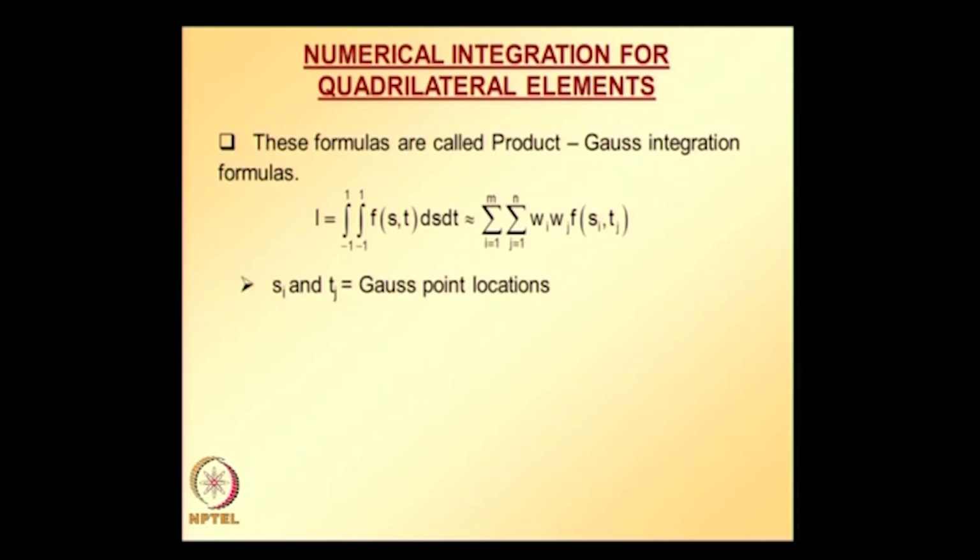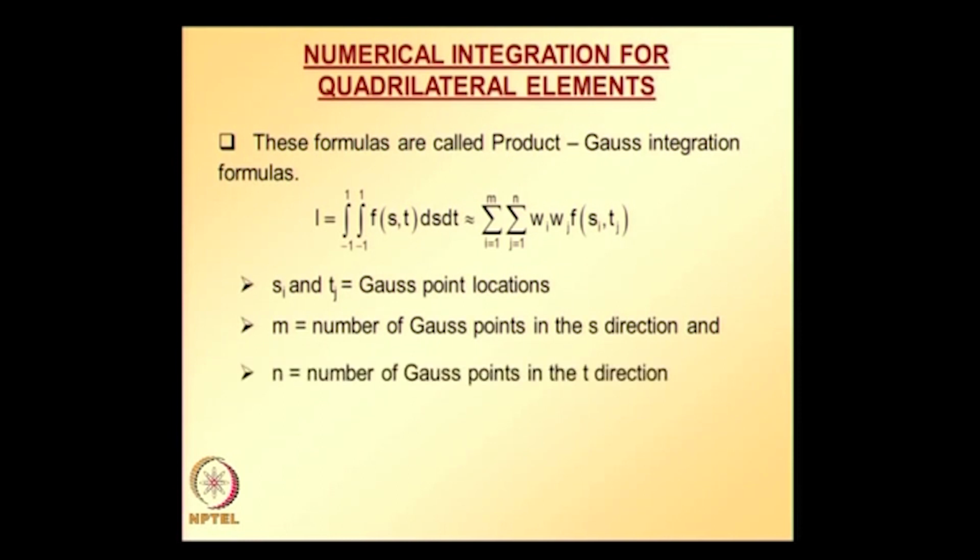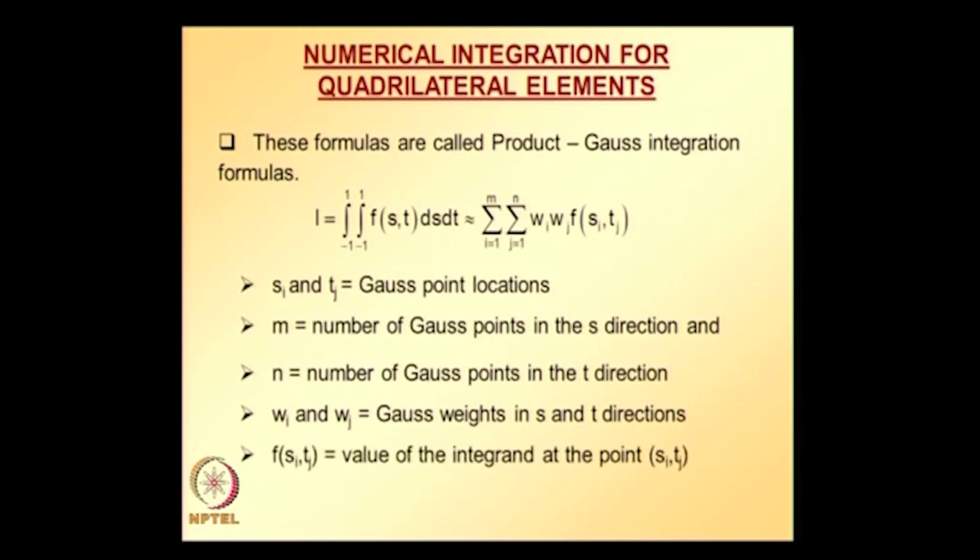So, s and t are the locations of integration points, m is the number of integration points along the s direction, and n is the number of integration points along the t direction, and w i and w j are the weights along the s and t directions, and f of s i, t j is the function value at the integration point, and the total number of integration points is m times n.